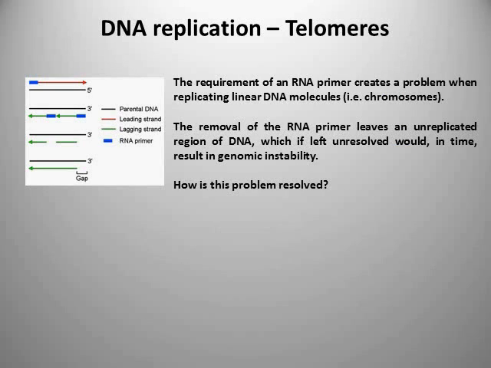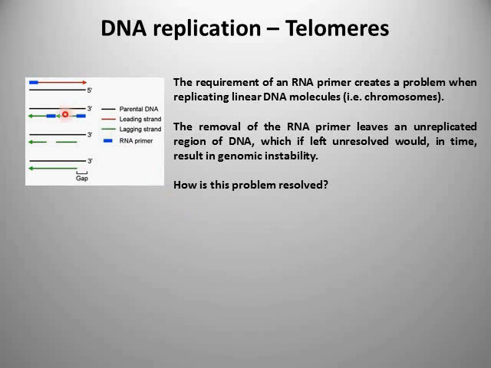There's a final thing to consider with regard to replication, and that's the so-called end replication problem. This is a problem because of the 5' to 3' directionality of DNA synthesis, and the fact that on the lagging strand you have to synthesize DNA by virtue of Okazaki fragments.